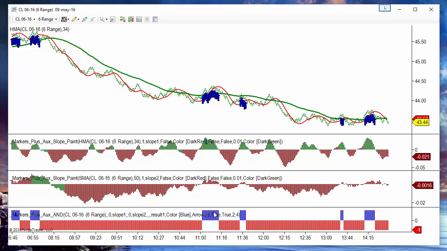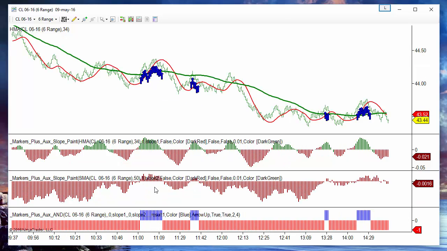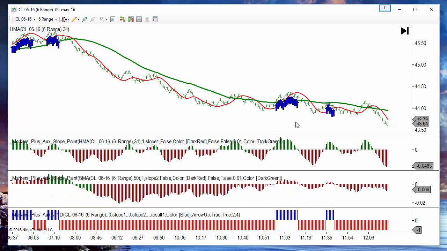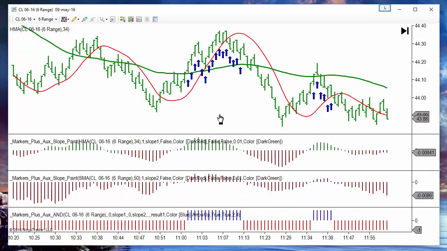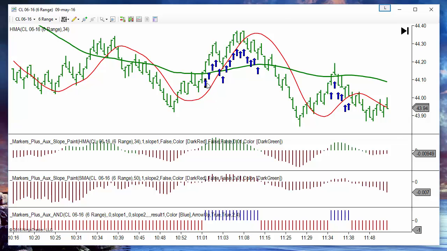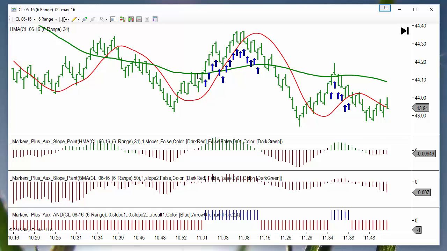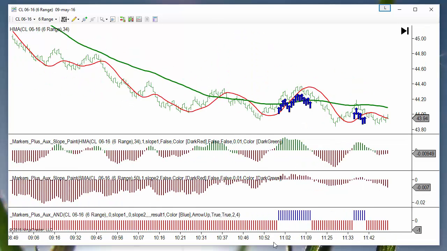On the histogram, we can see values of +1 or -1. +1 when it is true, both slopes are positive, and -1 when it is false. All these arrows are painted because the slopes of both lines are positive.